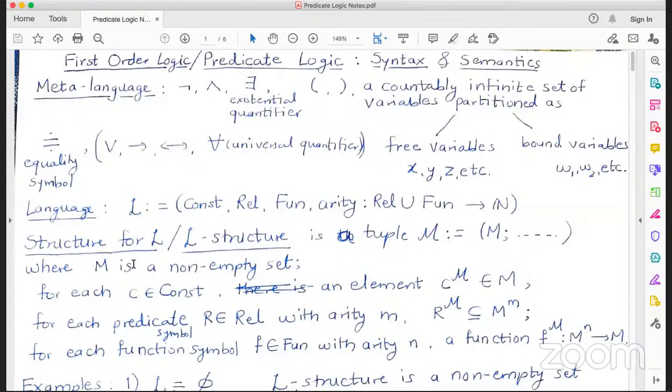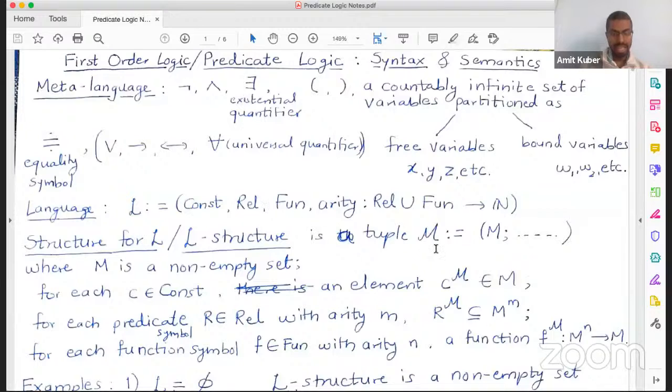Okay. Any other questions? Yes, Aditya. Can you explain what is interpretation? The interpretation of all these symbols is given here.